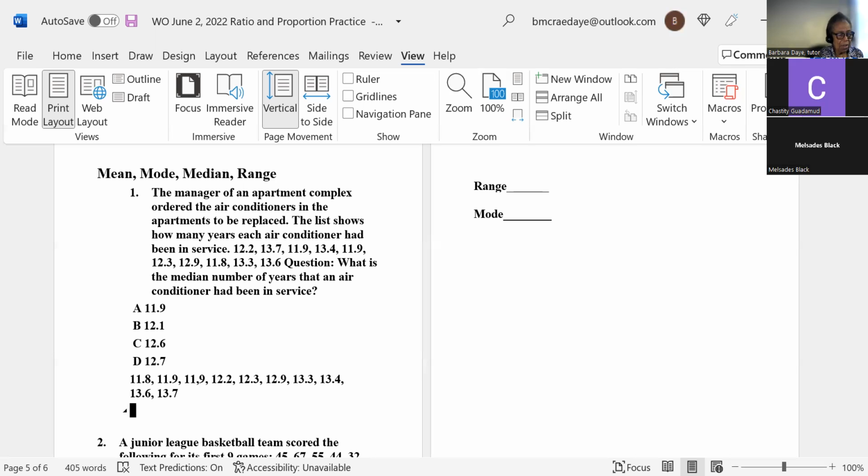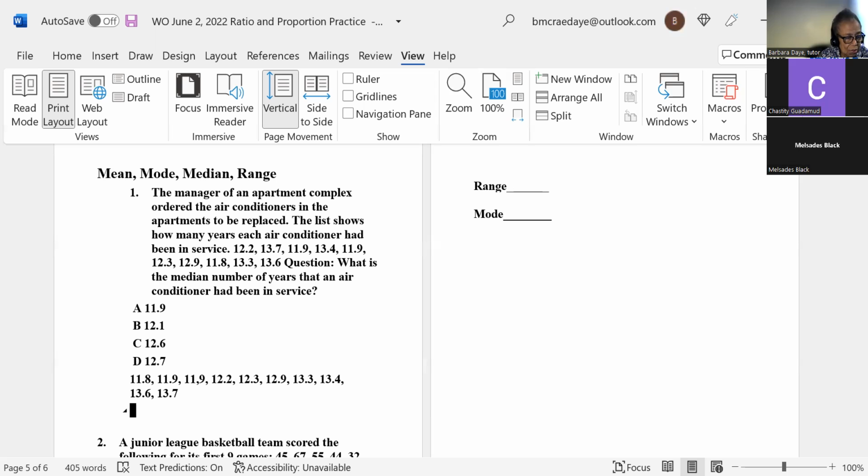Okay. So if you have an even number of data items, there are two numbers in the middle. If there's an odd number, there's one data item in the middle. So this one has an even set of data. We said 10. So which two numbers are in the middle?